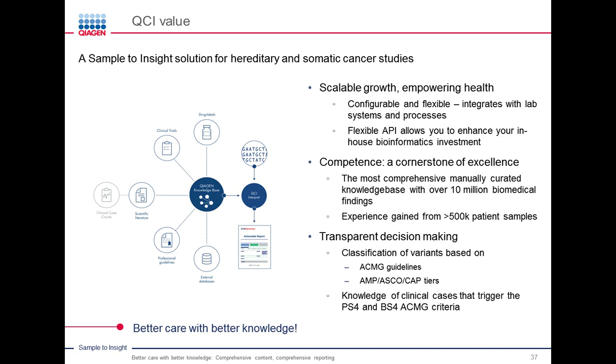We also make the ACMG and the AMP-ASCO-CAP computations transparent by providing the evidence behind those computations, so it's not a black box. It's one of the hallmarks of our offering that we make everything transparent in how we calculate those classifications.